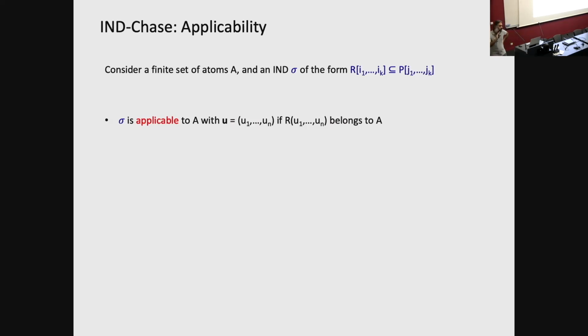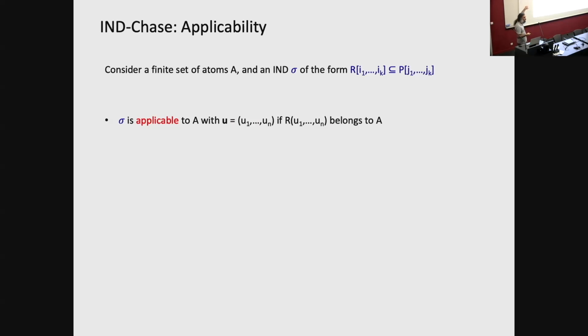And that's it. Now one may ask, but why do you consider this tuple as a witness for the violation of the constraint? Because maybe in A, we already have a P atom that satisfies the constraint, despite the fact that R(u1, ..., un) is in A. But as you can see here, the applicability notion that I defined doesn't take this into account. Depending on the way that we define the applicability, we get different versions of the chase.